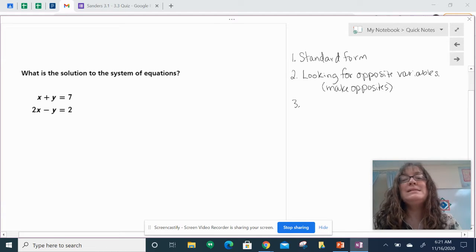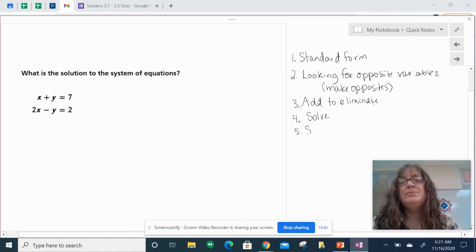Once I have opposite variables and everything's lined up, I'm going to add to eliminate. Then once I have added to eliminate, I'm going to solve, and then I'm going to use substitution to find the other variable. So some of this should look familiar.